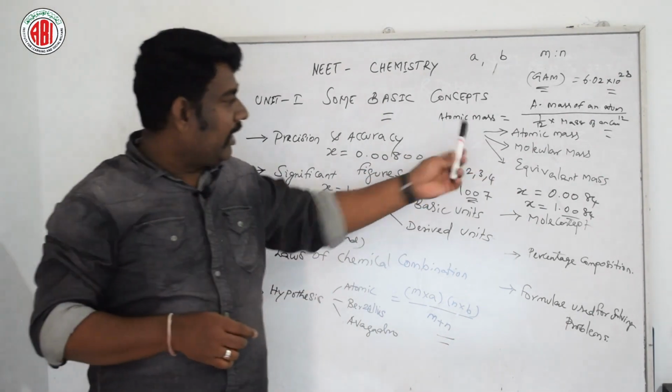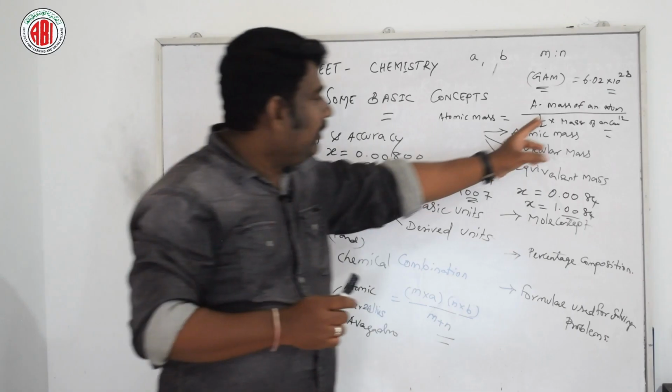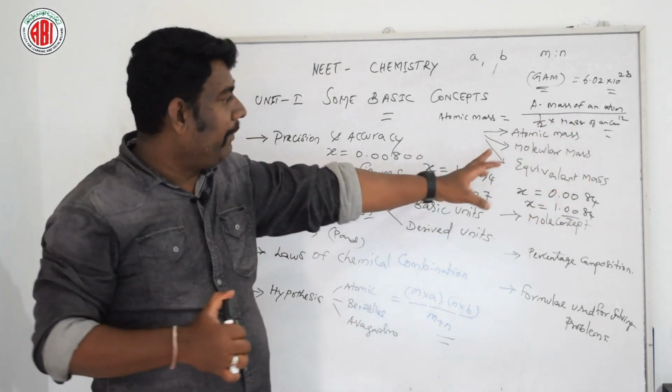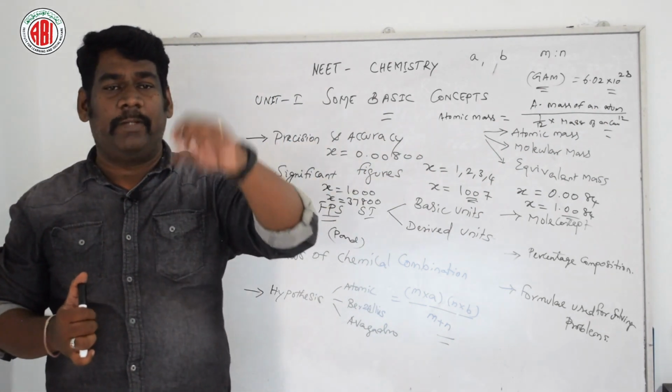So this is about atomic mass. Next, molecular mass. Molecular mass is the mass of one molecule of the substance by 1/12th into mass of one atom of carbon-12. It is the same as the atomic mass formula, but in place of atomic mass we use the mass of one molecule.